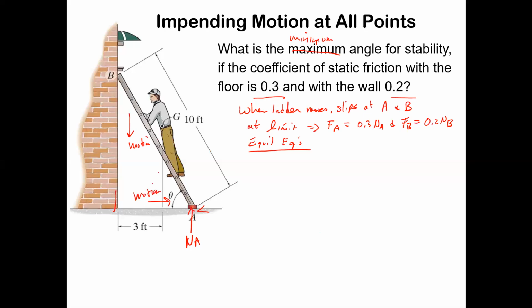That's the way the motion is going to happen if it happens. We want to know the limit, the smallest angle we can have and still be stable. So friction FA is going to point this way, and our FB is going to point up, trying to keep the person from falling. Our NB is going to the right.